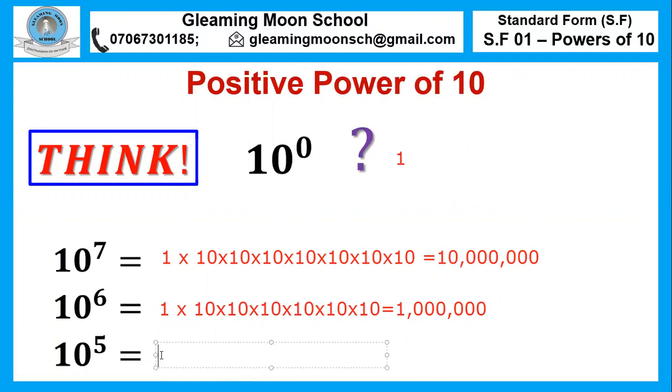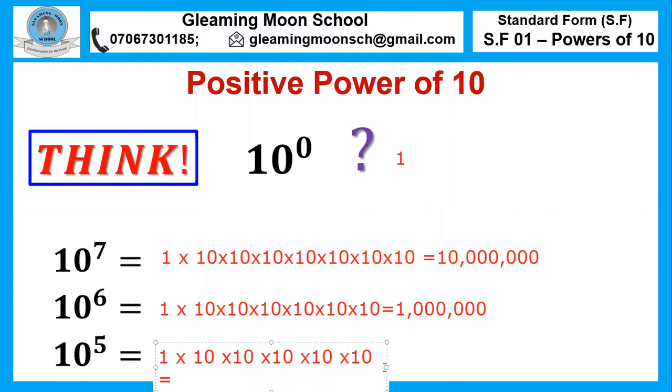Now the final one here, 10 raised to the power of 5. Again, we start from 1 times 10 times 10 times 10 times 10 times 10. How many tens have we got? 1, 2, 3, 4, 5. So we would write 1 and put 5 zeros.